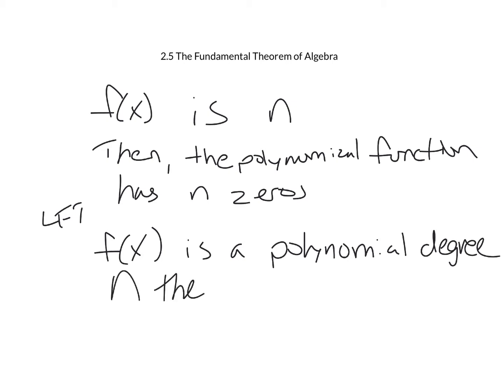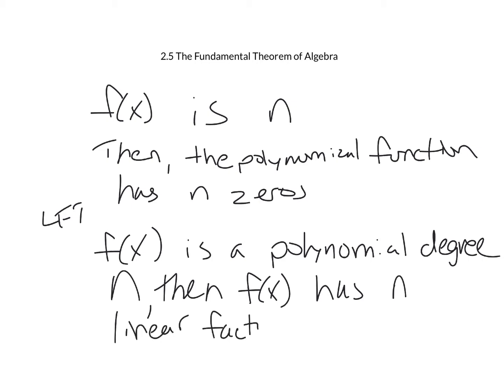Then f of x has n linear factors. Okay? Given that all those factors are going to be complex numbers, right? Of some kind of form, x minus a number, x minus a number, etc., etc.